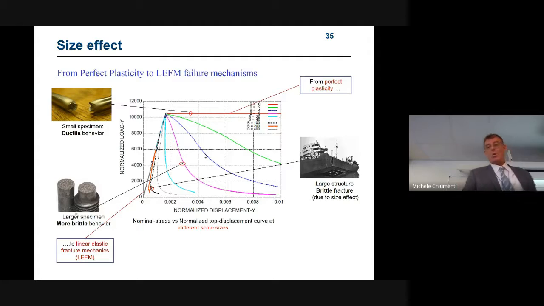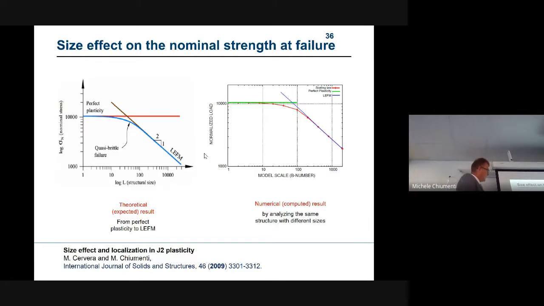This is a very well-known law, which says that for small length scales, your nominal stress is what you expect, but increasing the size very much, 10,000 times, the nominal stress reduces accordingly. And so you go from the solution of the typical elastoplastic analysis to the solution of linear elastic fracture mechanics, where you have this kind of 2-to-1 slope.